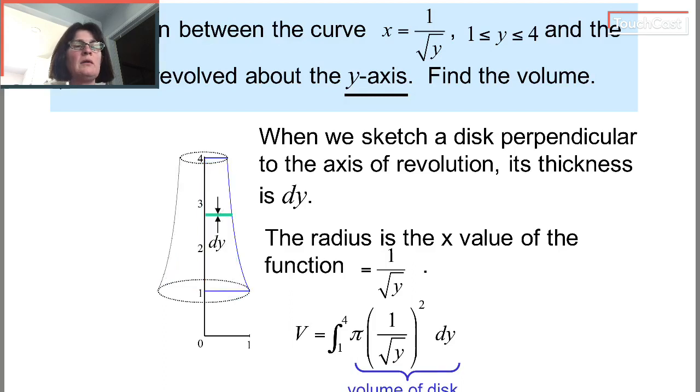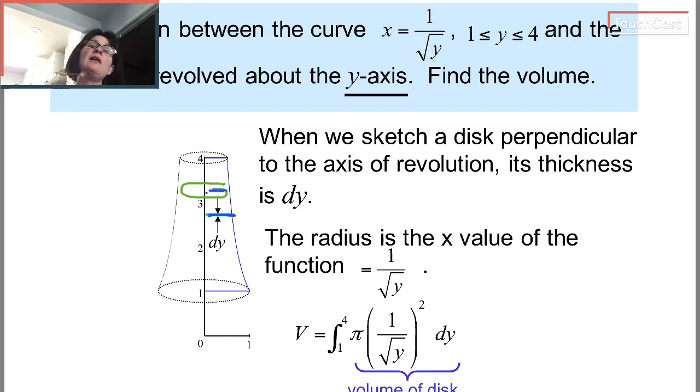So I like to draw in the whole disc. And you can see that picture sketched in your notes handout. The radius, I usually do in blue, but this one happens to be green. I could draw that radius here. The way this is drawn, it's easy to see that the height of the cylinder is going to be a very small change in y, dy.